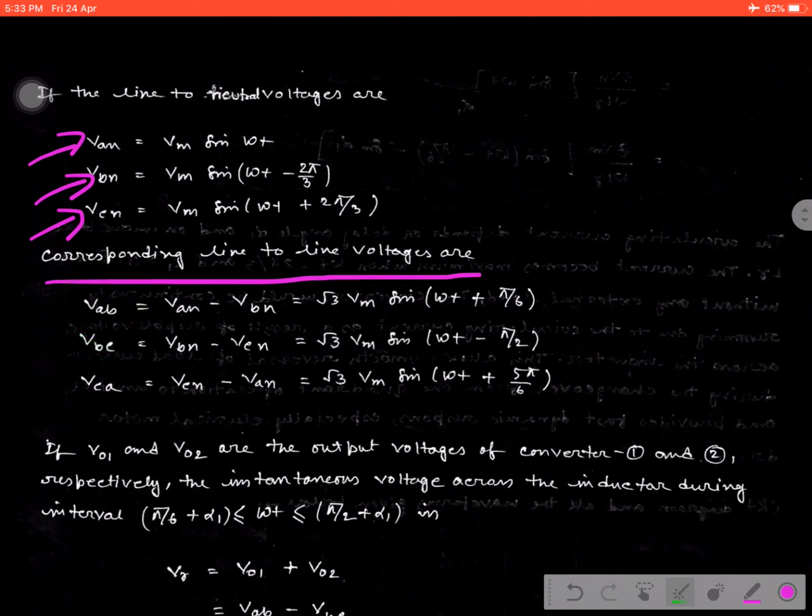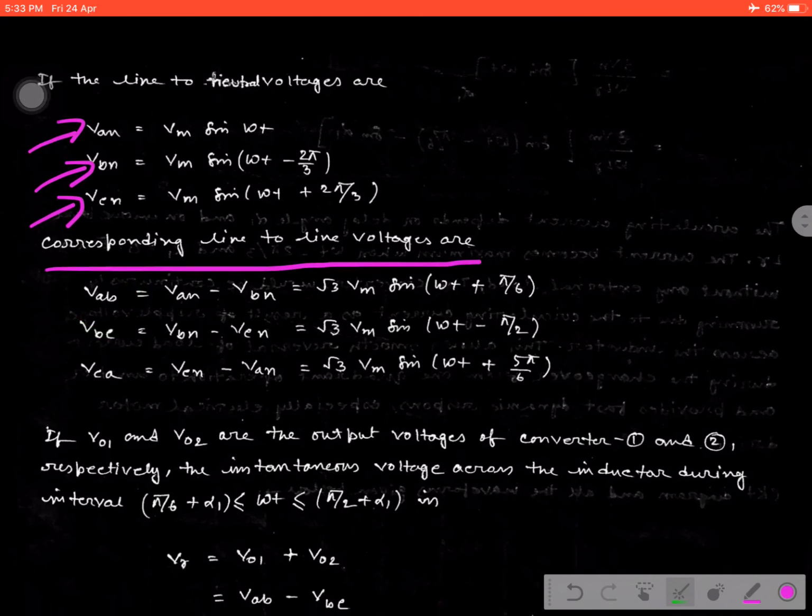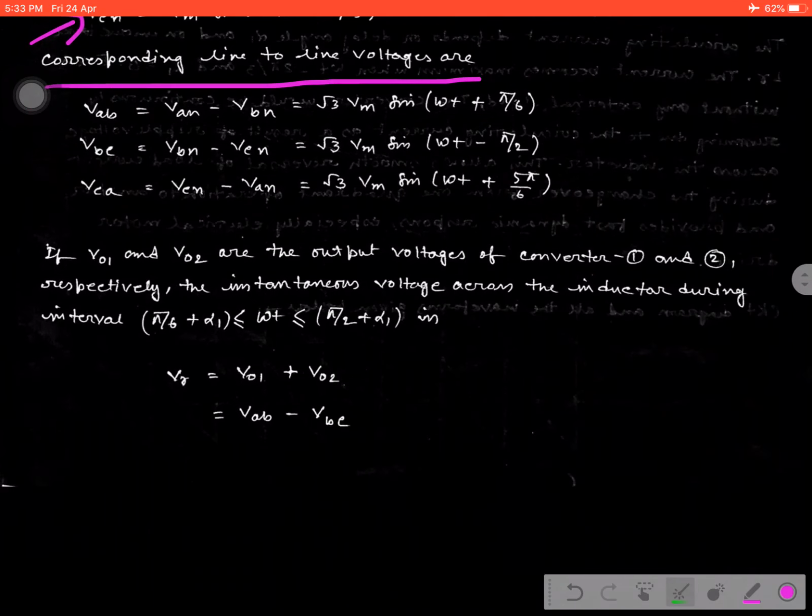In the particular region pi by 6 plus alpha 1 to pi by 2 plus alpha 1, the instantaneous voltage difference is VAB minus VBC. We will do the same thing for the calculation.